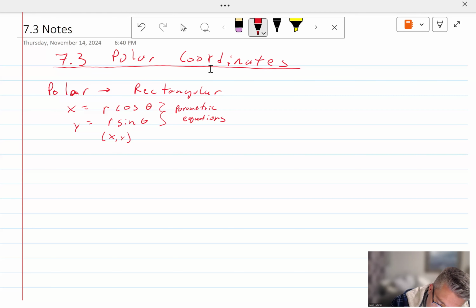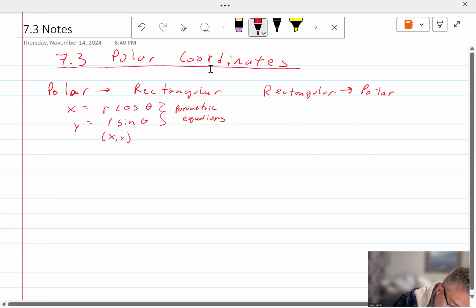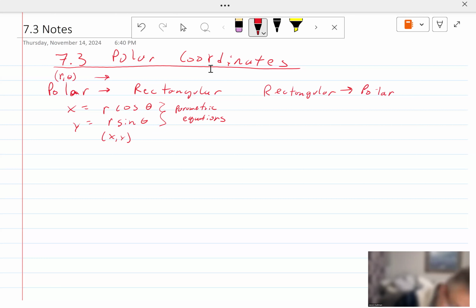More importantly, how do I convert from rectangular to polar? How do I take an x, y and convert it to an r, theta? Again, polar is an r, theta, and we convert that to an x, y.